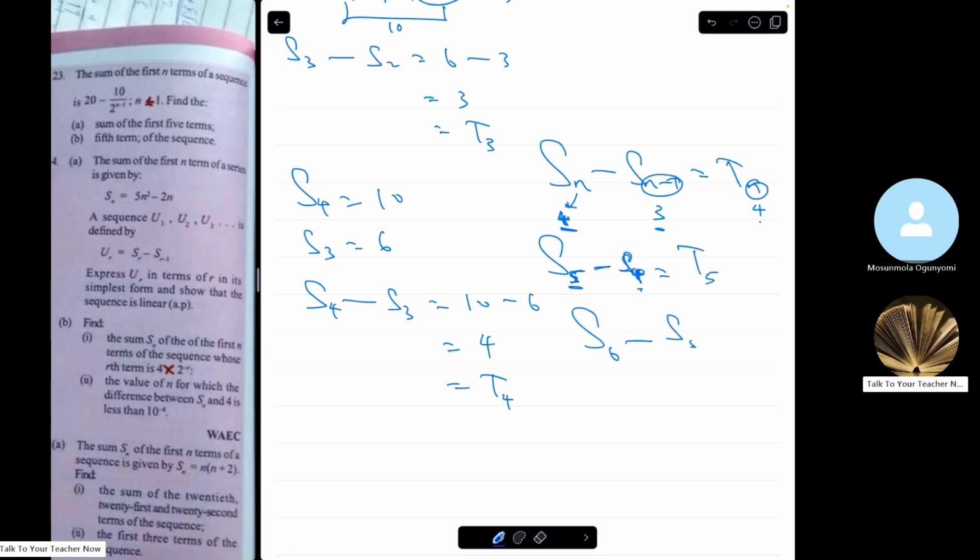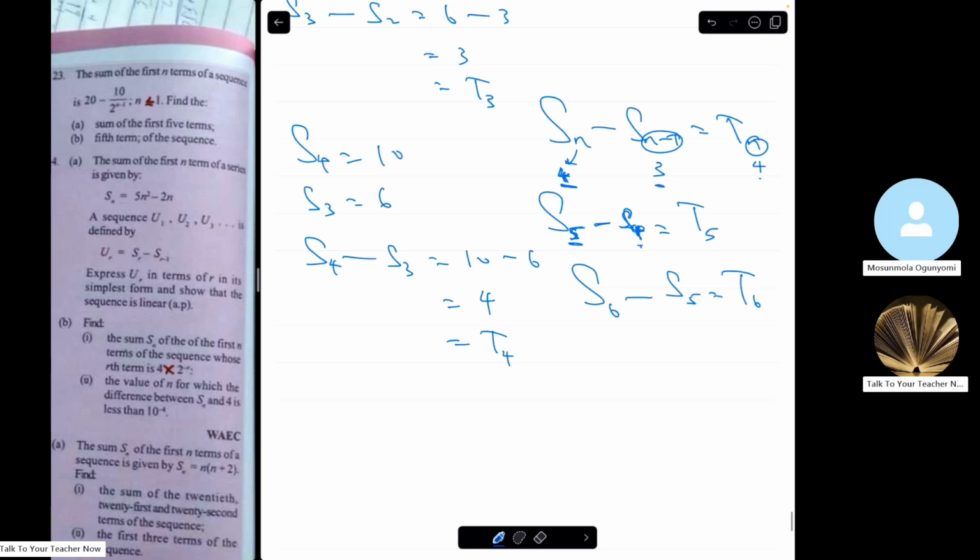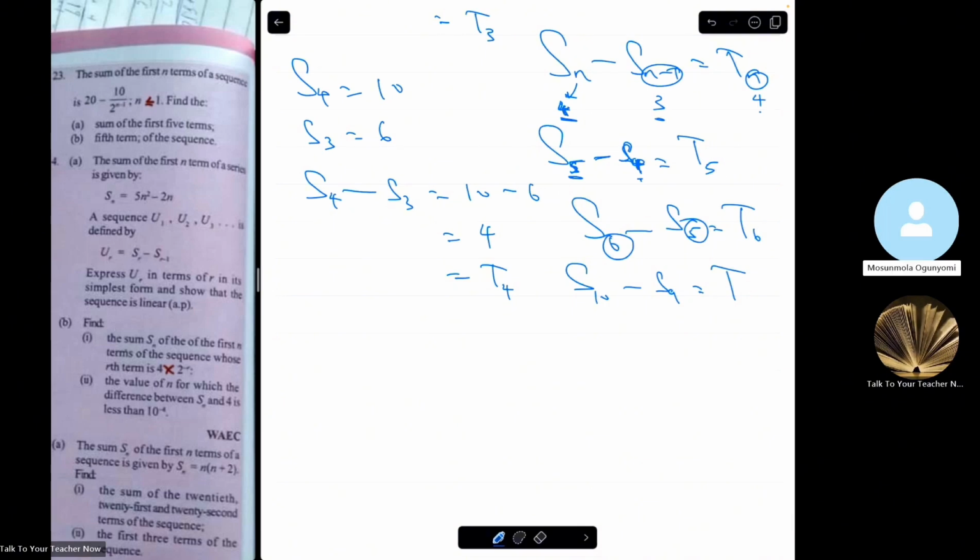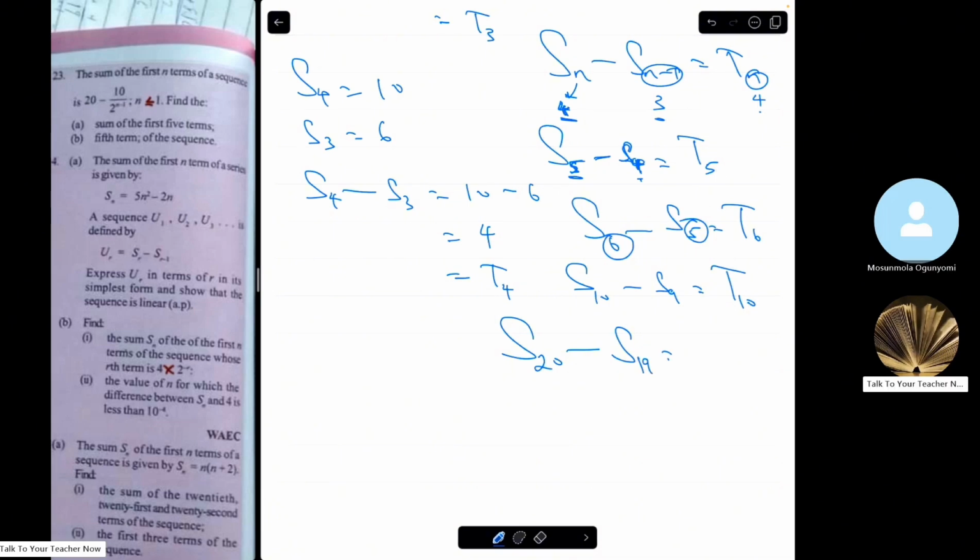S6 minus S5 will be equal to what? T6. You can see that this one is just one less than this one. S10 minus S9 will be equal to T10. If I say S20 minus S19, that will be equal to T20.